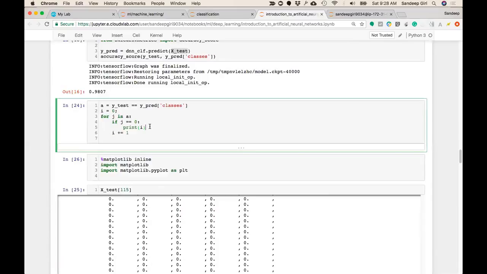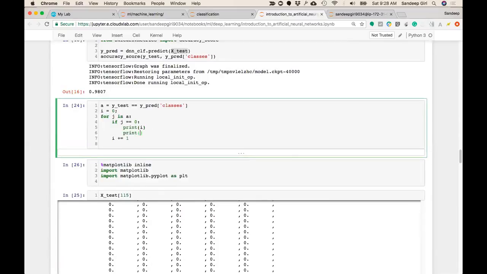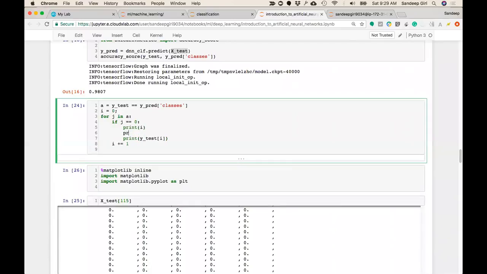So we can actually print here the predicted class also. Okay, predicted. Predicted was what? Predicted was say y_test. This was right. So you could say print predicted. Predicted was something else, not this.